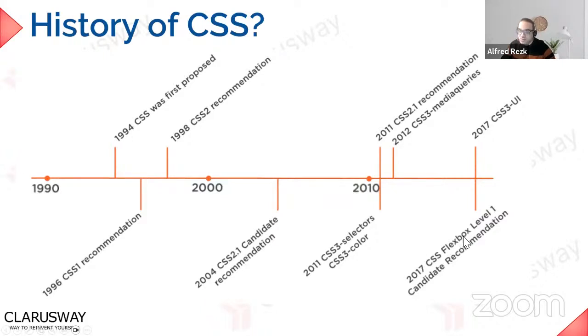And it's a game changer, especially if you're trying to lay out a web page. Before Flexbox, it was really hard. You find developers using tables or floating the elements, and there are a lot of pros and cons, and it wasn't easy to lay out your page using CSS until Flexbox was introduced.